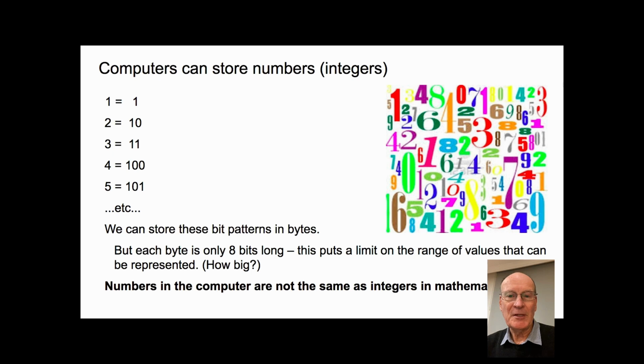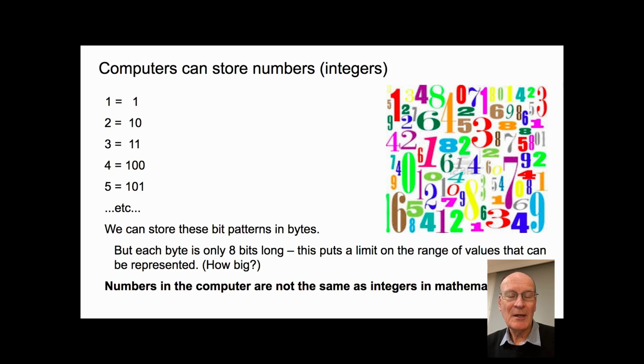Now, that is useful, but it's not particularly useful if you want to work with numbers, because restricting your numbers to have the maximum value of 255 is not particularly useful. And so immediately you can realize that numbers in the computer are not the same as integers in mathematics. Integers in mathematics are infinite. They go from negative infinity to positive infinity.